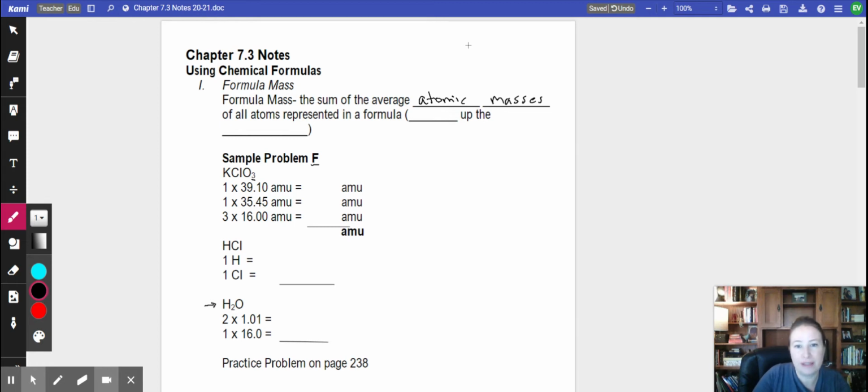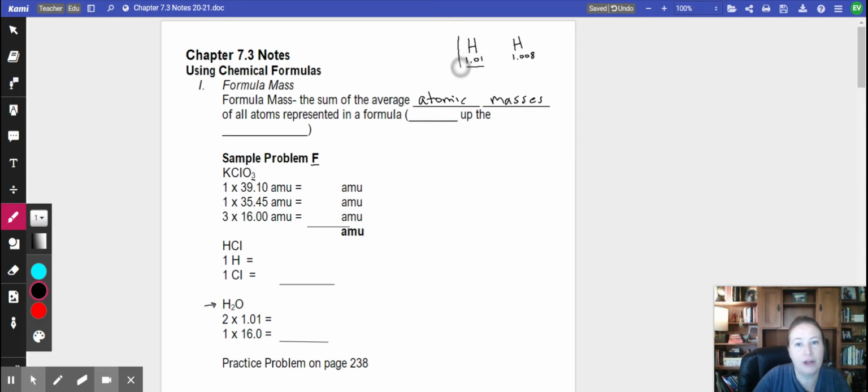For example, if I were to look up hydrogen, it might say 1.01, or some are more specific and might say 1.008. We are going to use the hundredths place, but you wouldn't get it wrong if you used the other version.